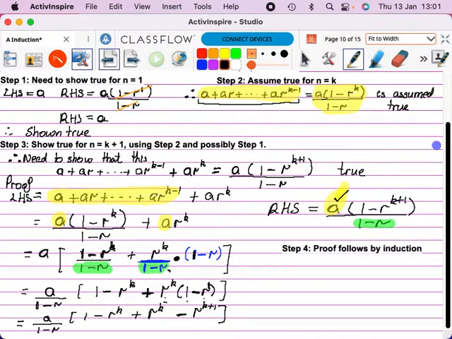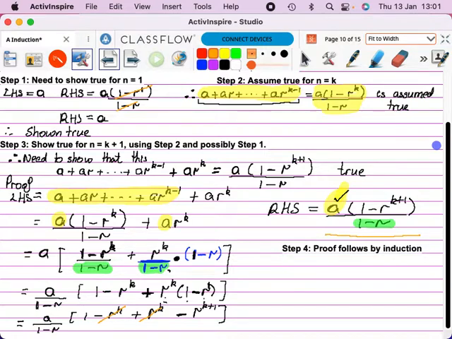Because we've done that, it now means that the minus RK and the plus RK cancel out. And if you look, we've now got 1 minus R to the power of K plus 1, which is absolutely identical to the right-hand side.